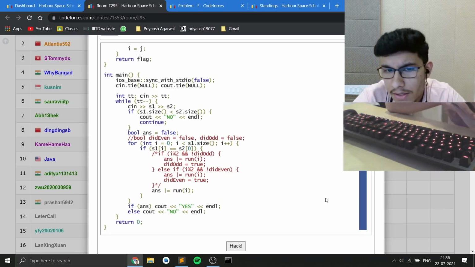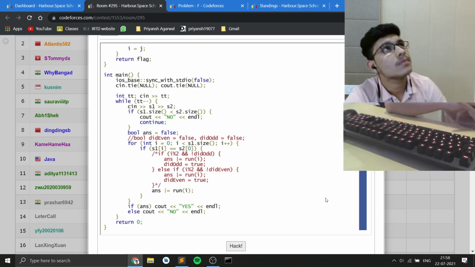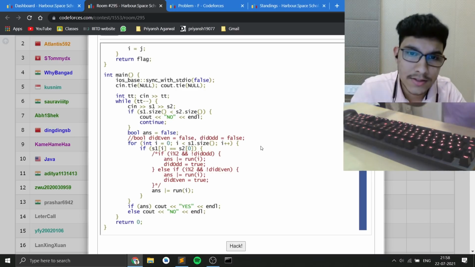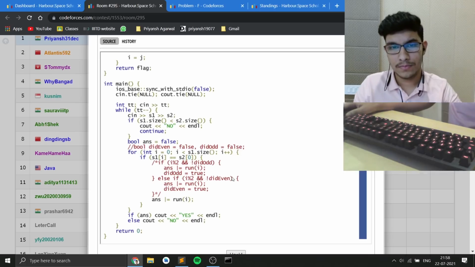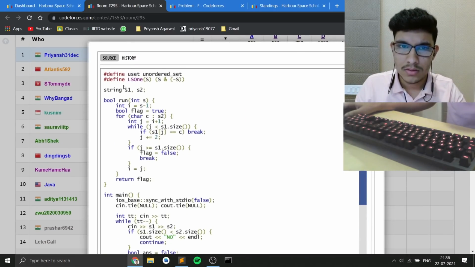If S1 at i equals S2 at 0, right? But he's trying out a lot of possibilities, I think, here. Okay, why can't I just copy this whole code?